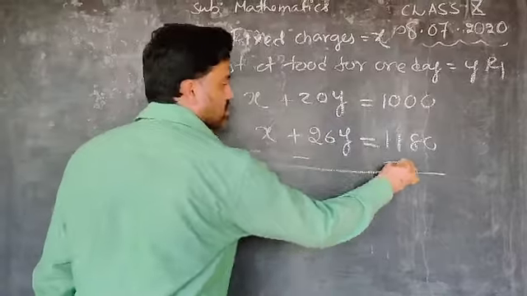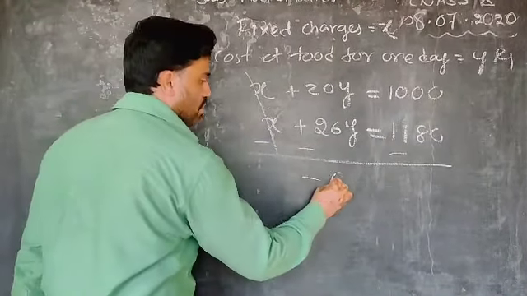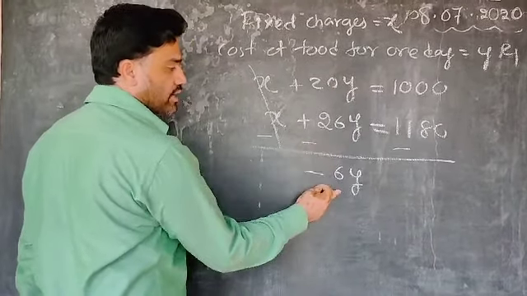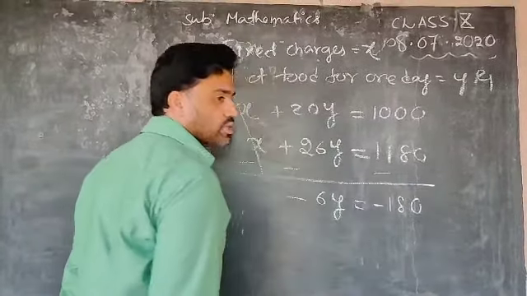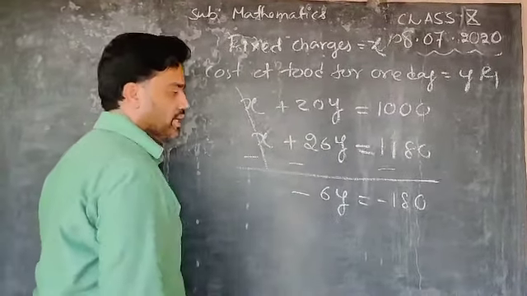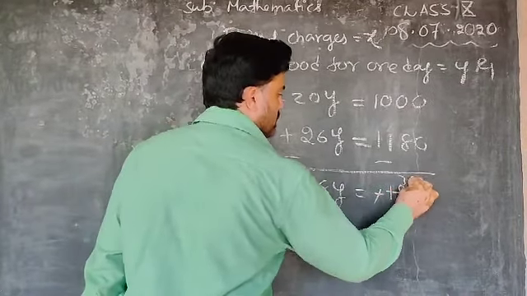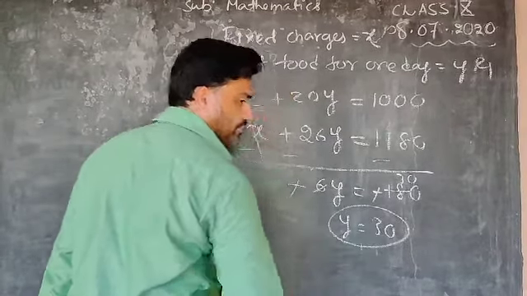Same sign means subtracting, so that they get cancelled: plus x minus x. So this is minus 6y, since 20y minus 26y is minus 6y, and this is minus 180, 1000 minus 1180. Minus minus get cancelled. 6 ones are 6, 6 30s are 180. So the cost of food for one day is 30 rupees.